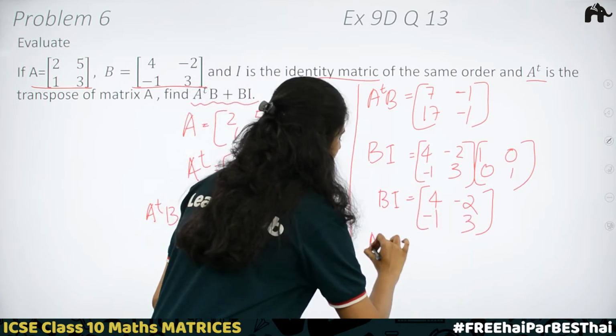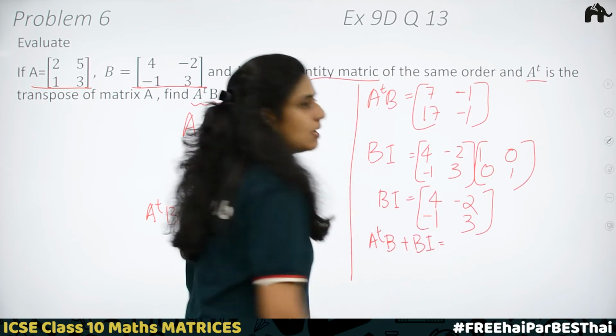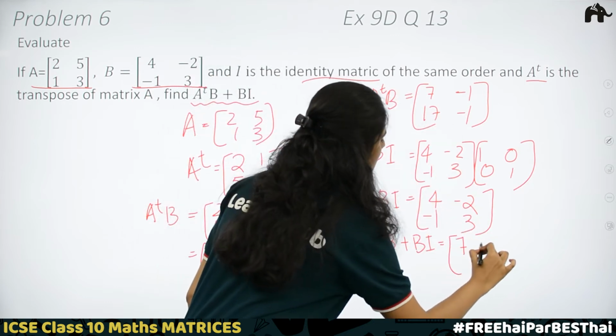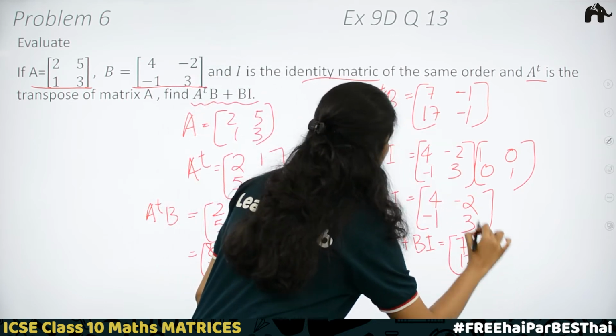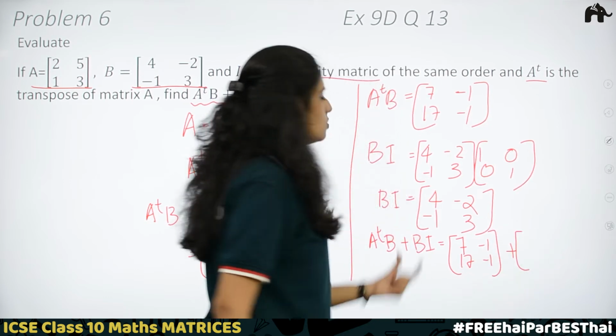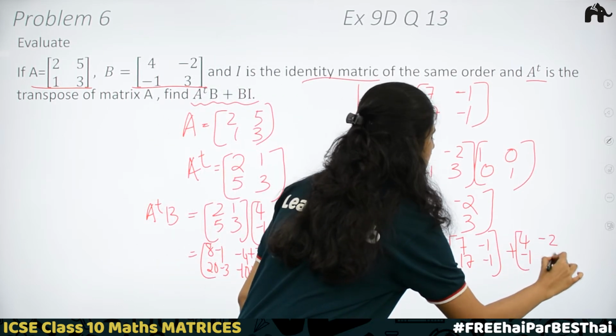Next, we will find A transpose B plus BI. We have to take the sum of these two matrices. A transpose B is [7, -1; 17, -1] plus B into the identity matrix, which is [4, -2; -1, 3].